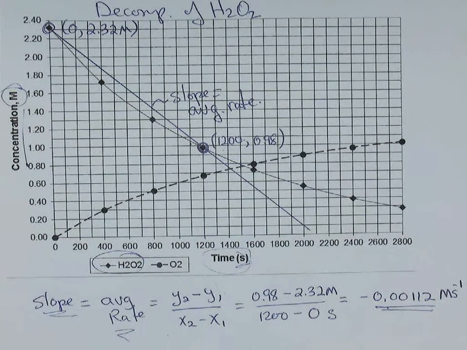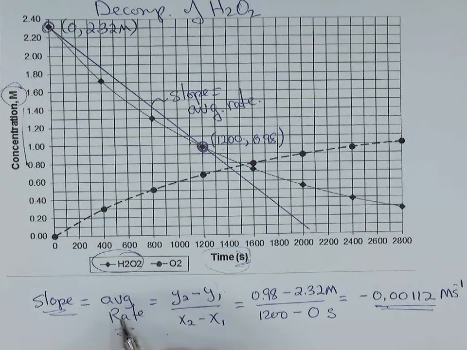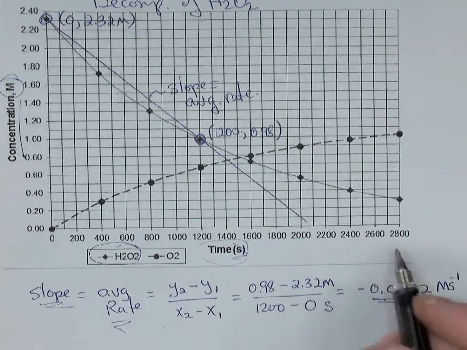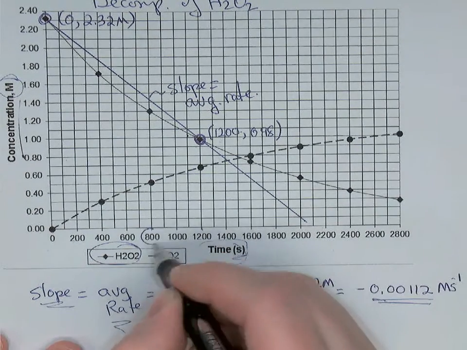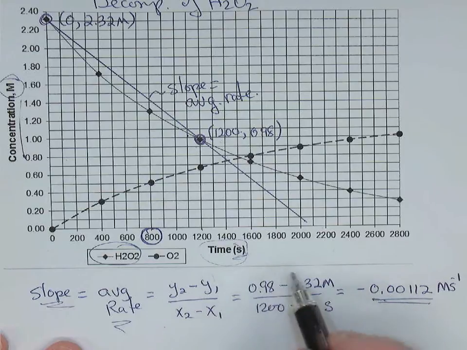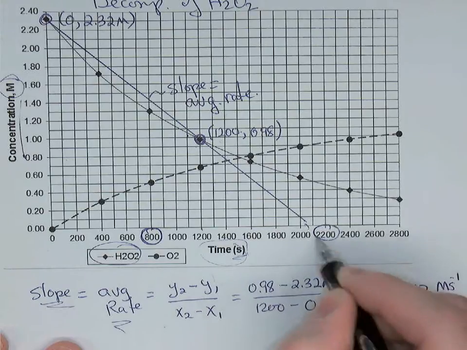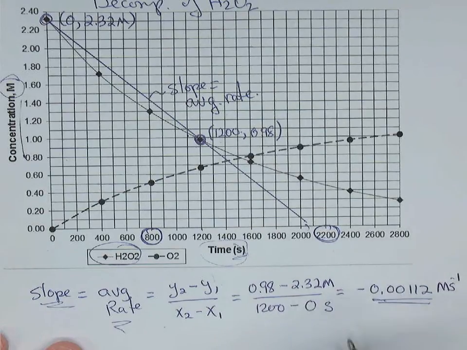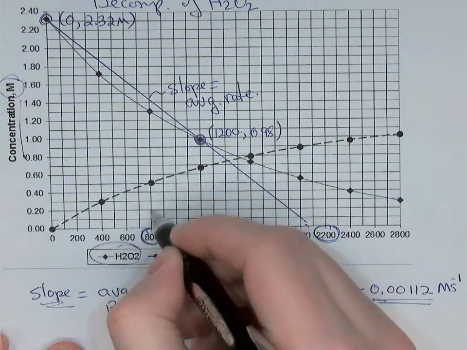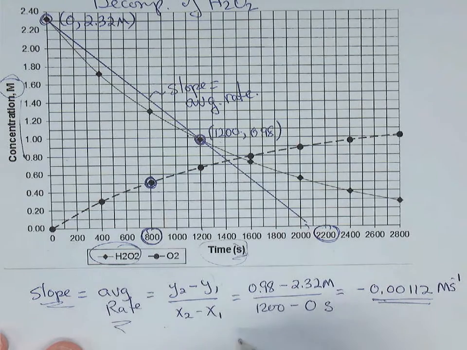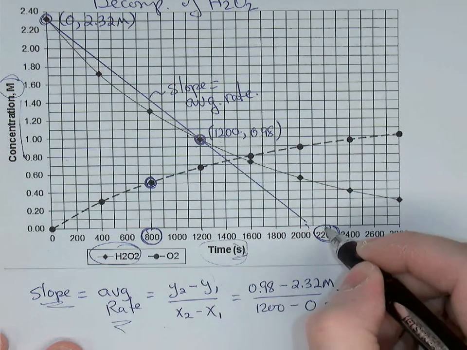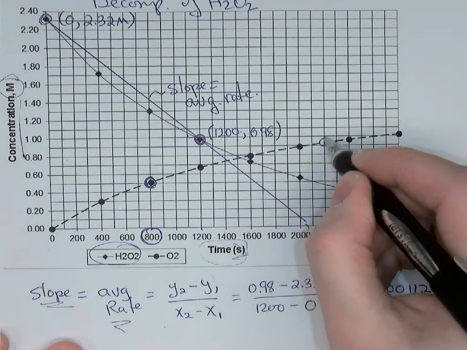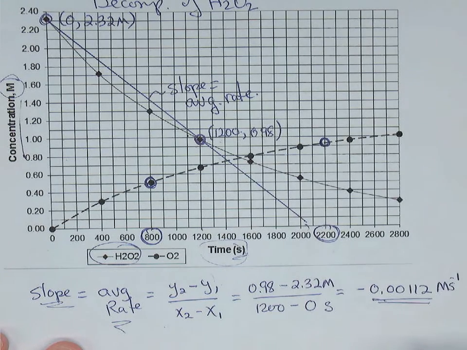So for example, suppose you wanted to find the average rate between 800 seconds and 2200 seconds, the average rate of change of the oxygen. Well, you would go up to here and start with this point on the oxygen curve, and at 2200 you go up to here and take that point on the oxygen curve. You'd read their coordinates.